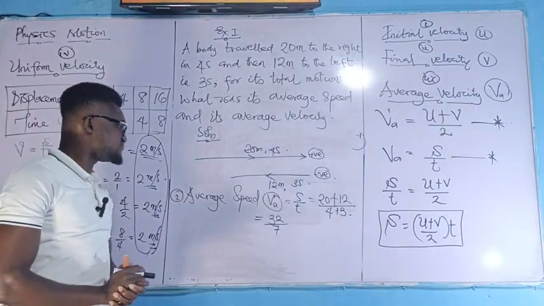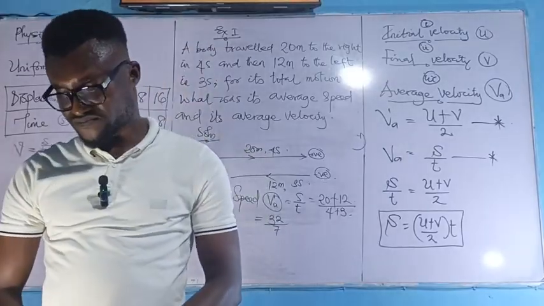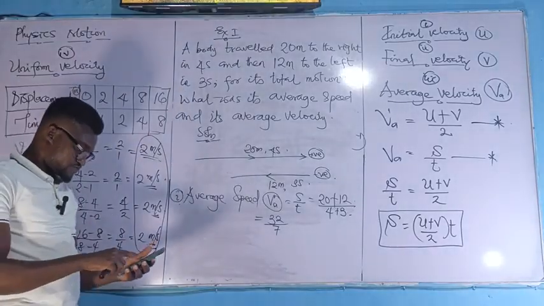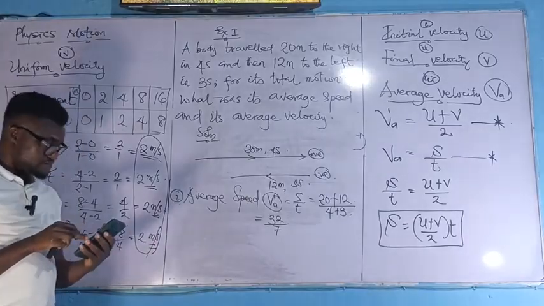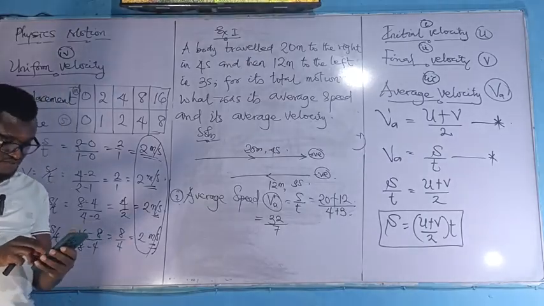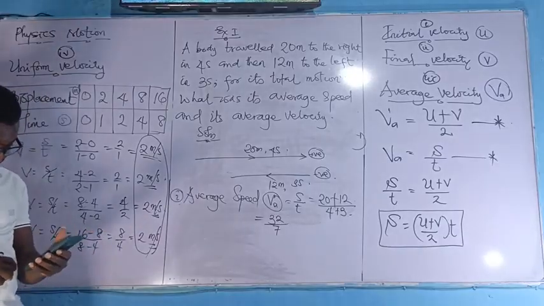Now 32 divided by 7. Now punch your calculator. So 32 divided by 7. Punch the calculator and let me know what you get.